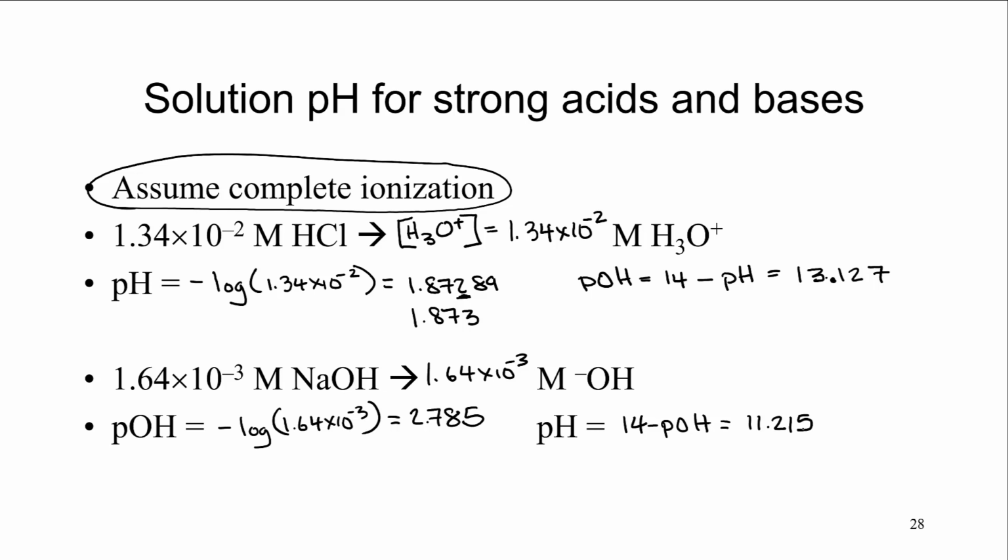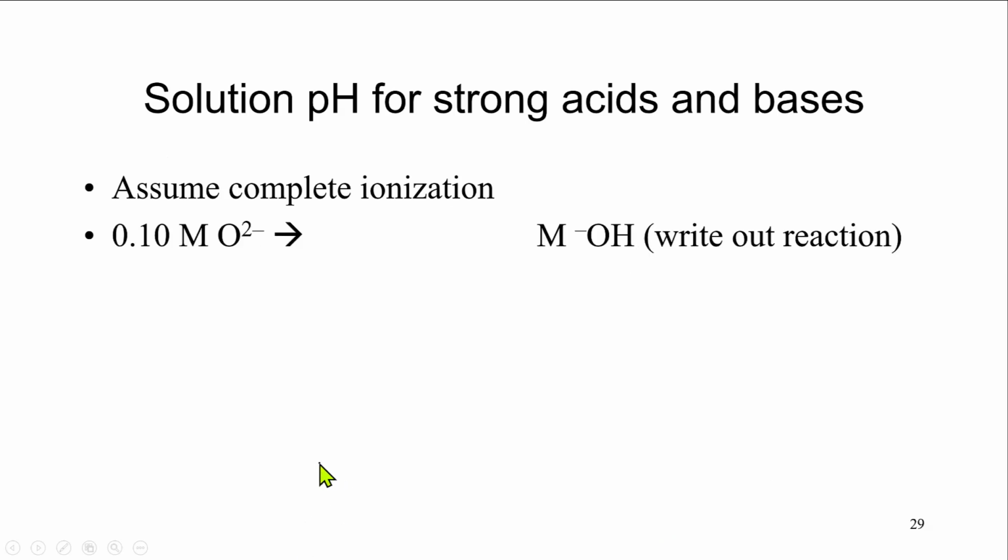Now, the next one is related to oxide. And what happens when oxide is put in water, right? And again, if it's only got the one proton associated with it or the one negative charge associated with it, it's pretty simple to sort of assume that you get a one-to-one stoichiometry.